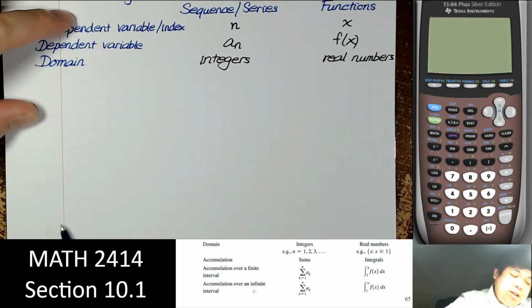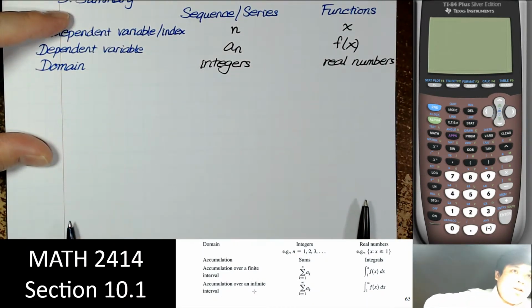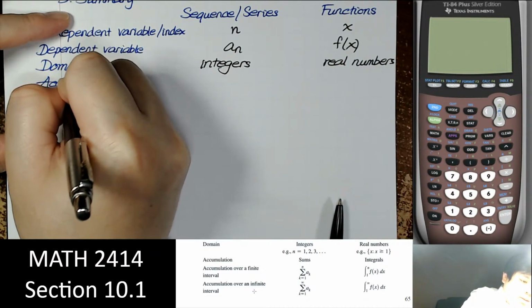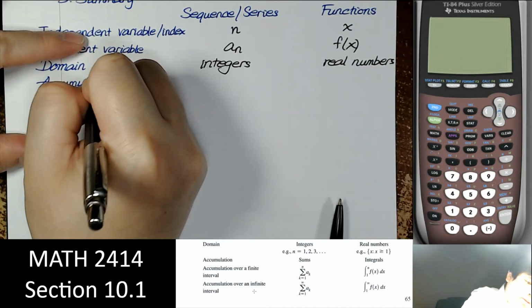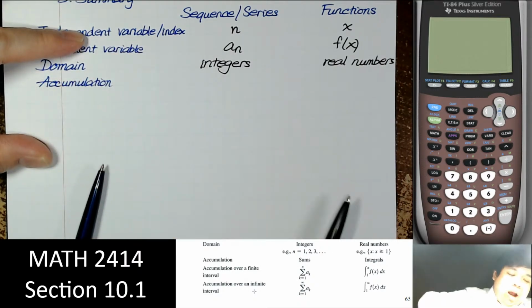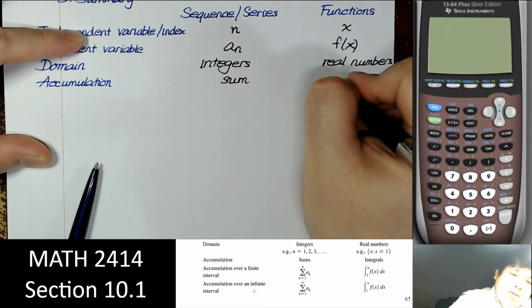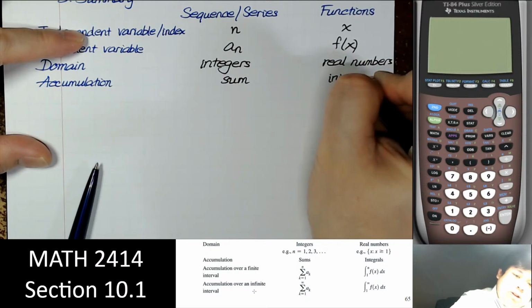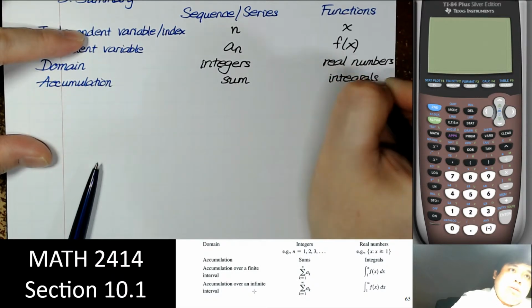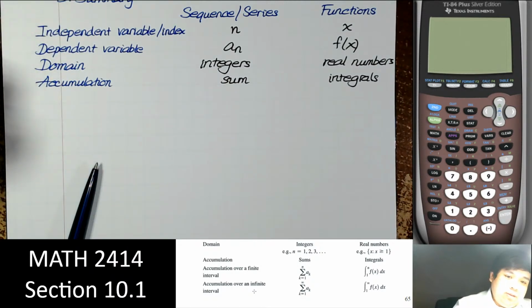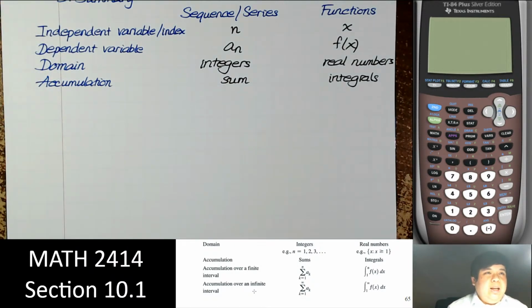If we add them up, we have a series or a sum, and if we add them up continuously, we have the integral. And then we have a finite or infinite series.